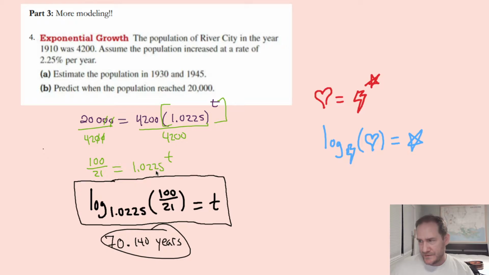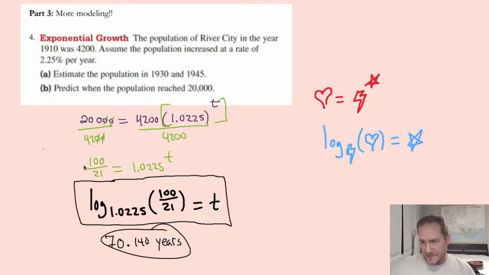And at this point, you're just looking at an exponential, which can be converted into logs. The base of the exponential becomes the base of the log. What the exponential equaled becomes the thing you're taking the log of, and the power of the exponential becomes what the log is equal to. So I'm just doing it in symbols here, right? Heart and lightning bolt, star, whatever.